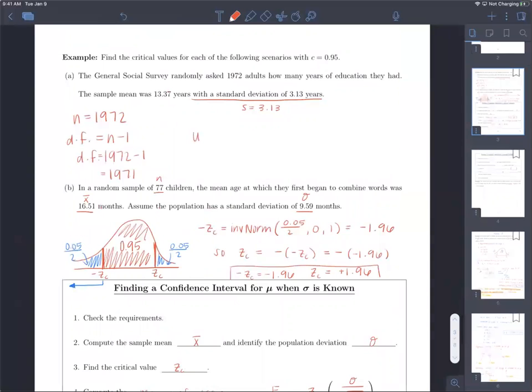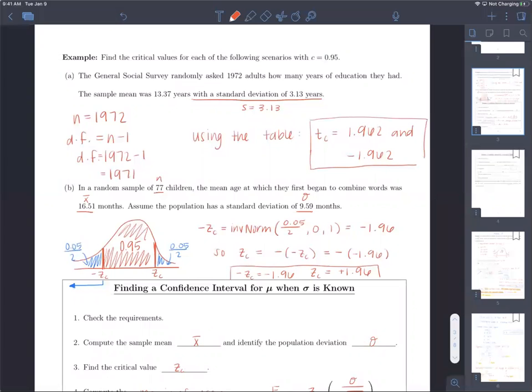So using the table, you get that T sub C is equal to 1.962 and negative 1.962. But so yeah, that's how you're going to use that table. I don't think I'm going to have you use it. I might have you find these critical values online, but it's just going to be a matter of inputting your degrees of freedom, and then it'll give you an answer out. But so yeah, that's how you do this problem.